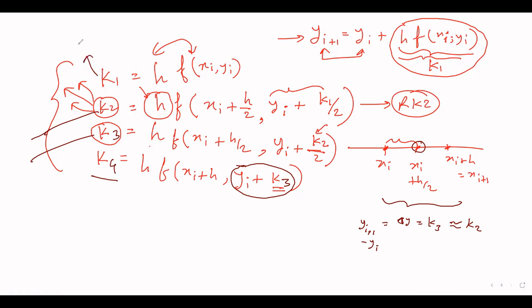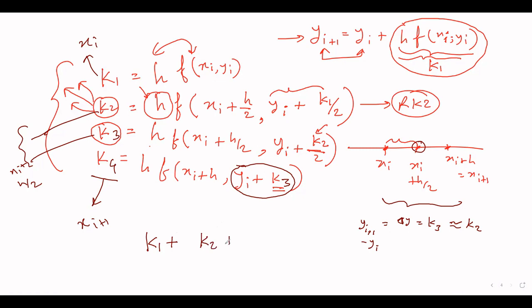But K1 is at xi, K4 is at xi plus 1. These two are at xi plus h by 2. So technically, we have four values of increment of y. We have to average them. But when we average them, we do not just calculate a regular average, but a weighted average.